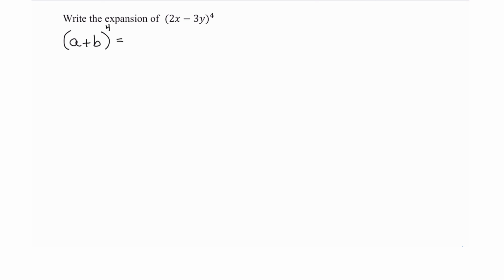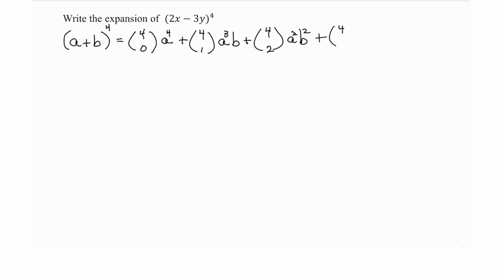Remember from that, we would have our 4 choose 0 times a to the fourth plus 4 choose 1 times a to the third b plus 4 choose 2 times a squared b squared plus 4 choose 3 times a b to the third, and then plus 4 choose 4 b to the fourth.